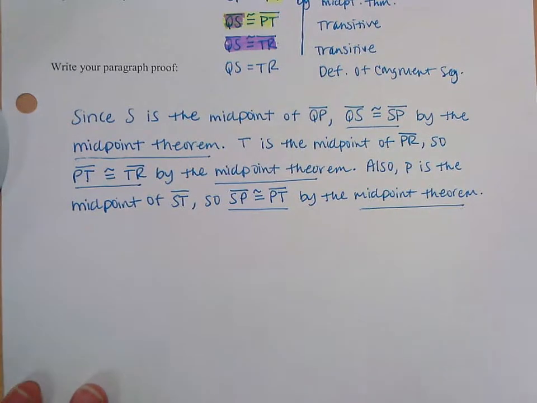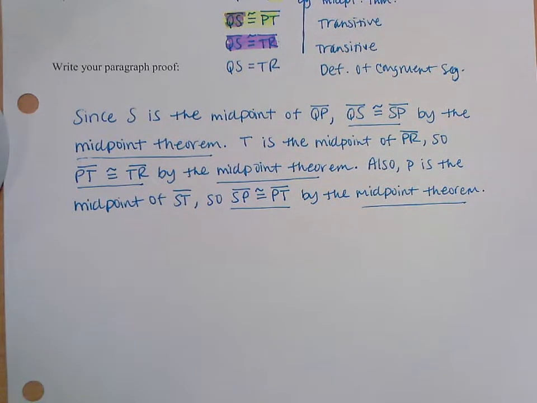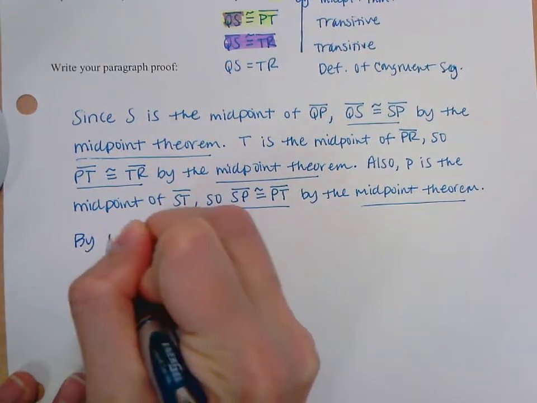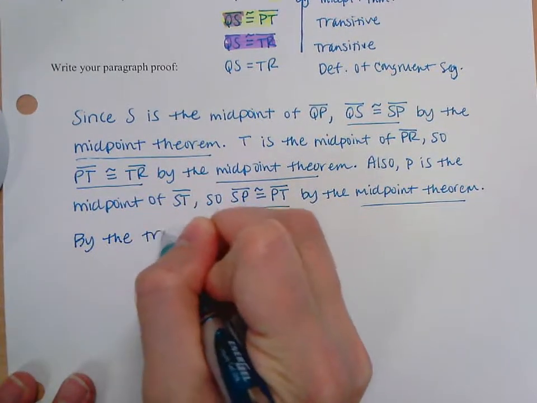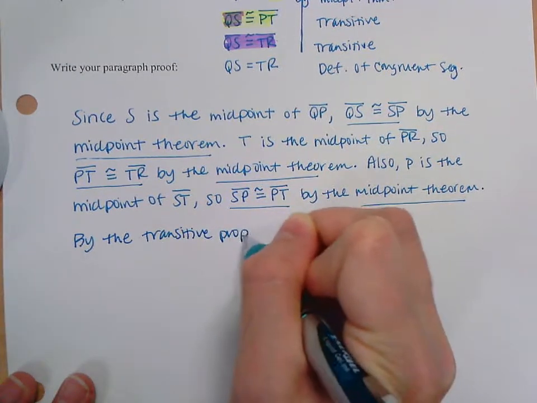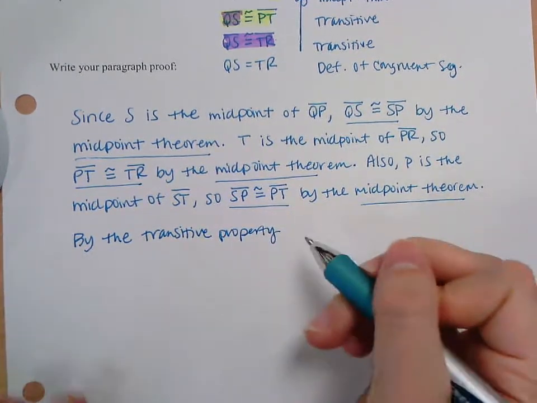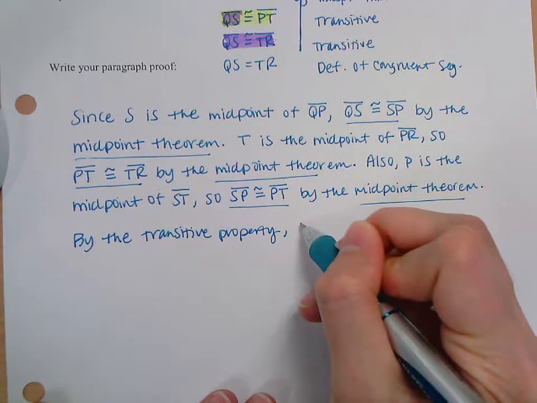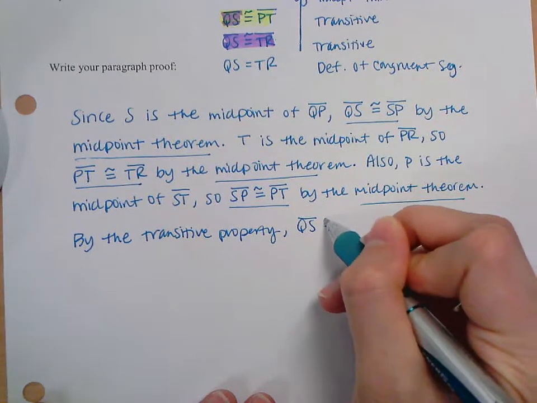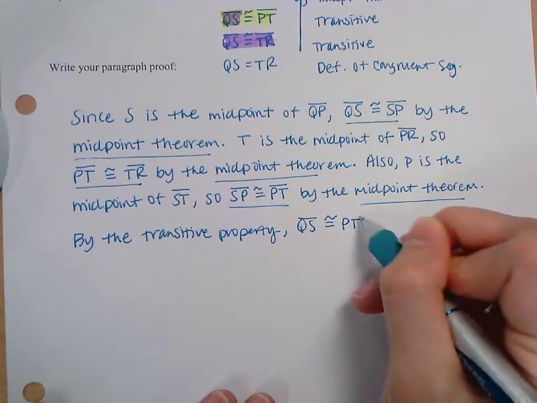Statement, reason. So then my next sentence, I'm actually going to start out by saying this. I'll say by the transitive property, QS is congruent to PT.